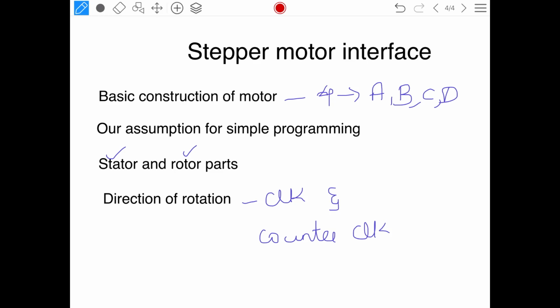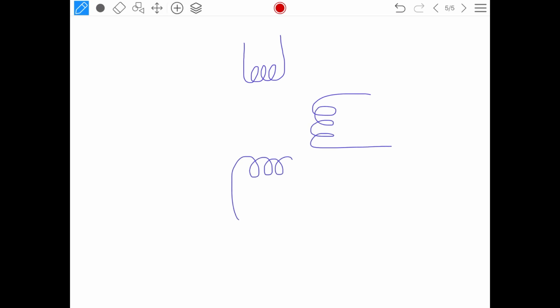North and south poles are permanently established once the power supply is on. I am writing a rough sketch of the motor.